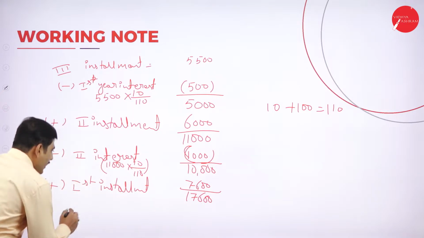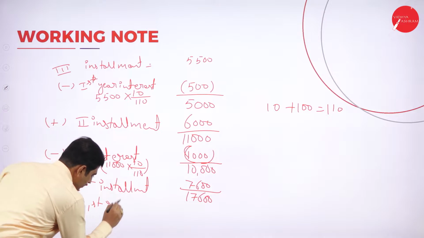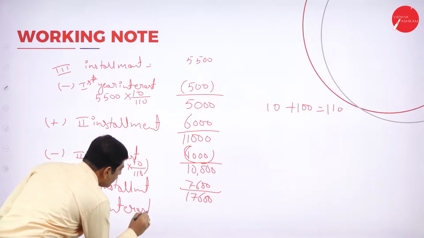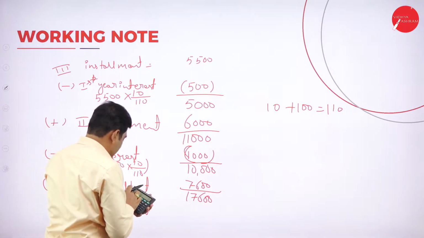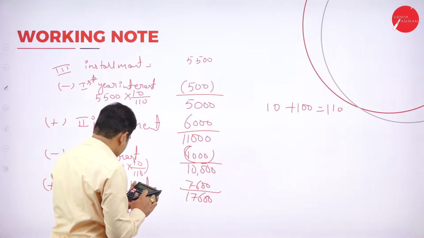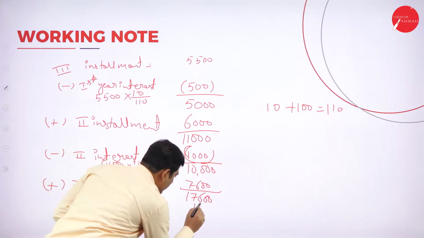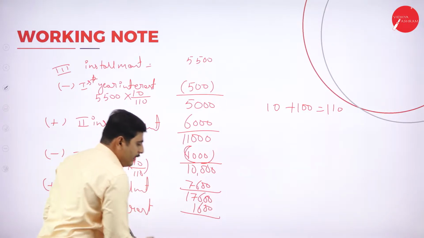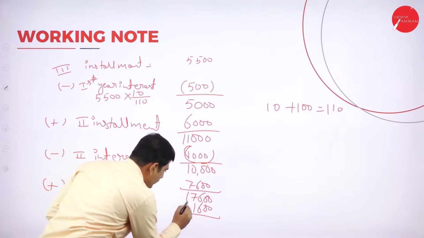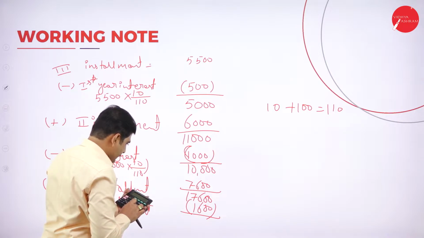So minus first interest. So it is 17,600 into 10 divided by 110. So you will get 1,600. So if you deduct this 1,600, you will get 16,000.